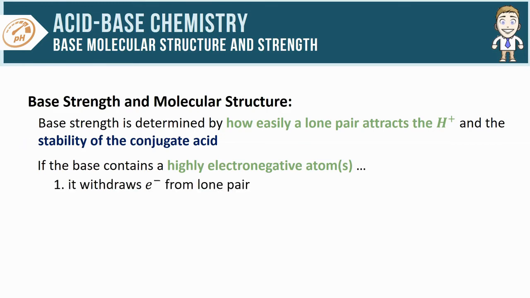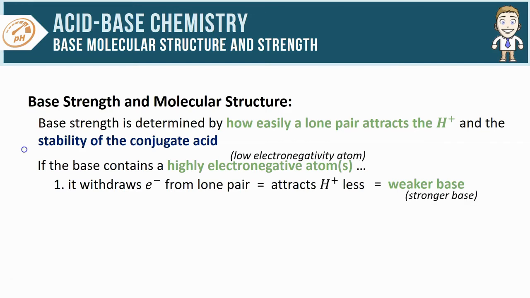If it does, that's going to have an electron withdrawing effect from the lone pair that is in the molecule. Because that lone pair has had electrons withdrawn from it, it's going to be less attractive to any positive ions out there, like the H+, and this means the base will be weaker. Of course, the opposite is true. If you've got a low electronegativity atom, that's going to result in a stronger base.